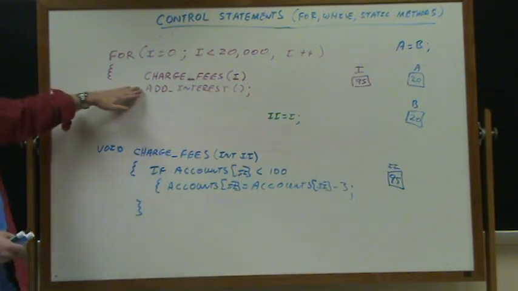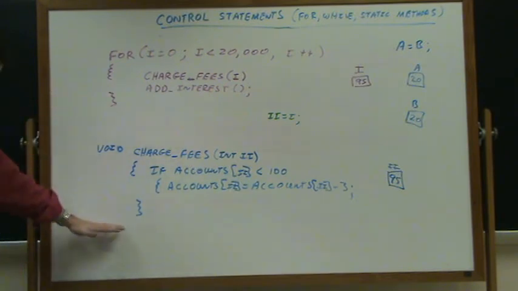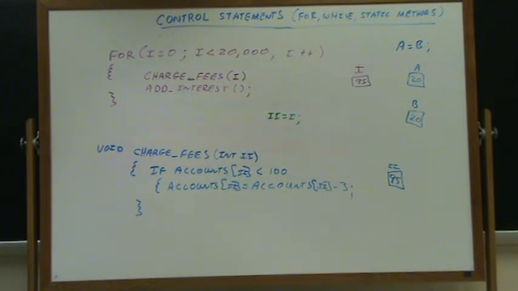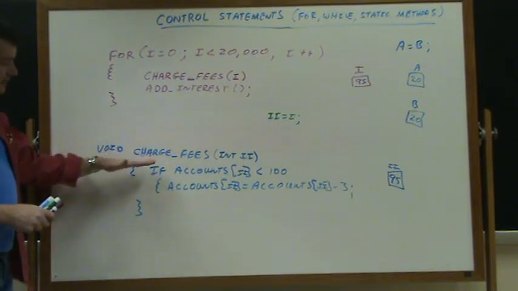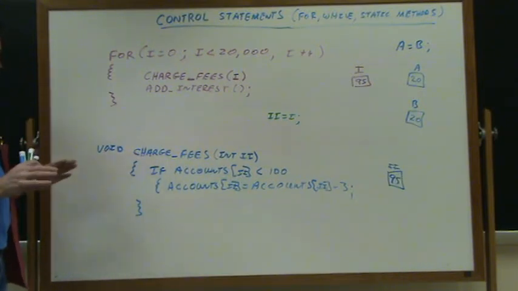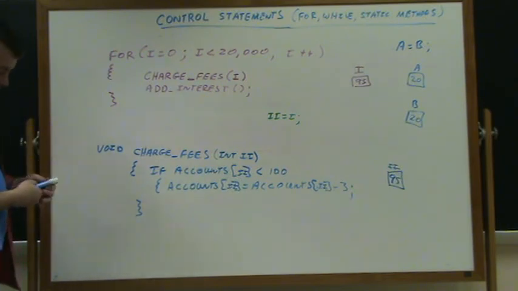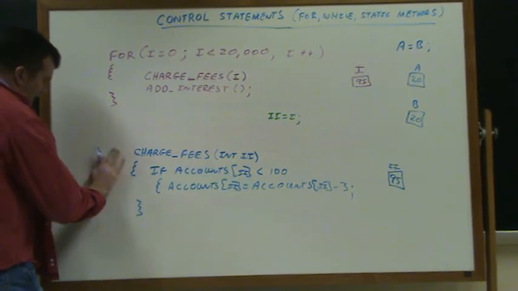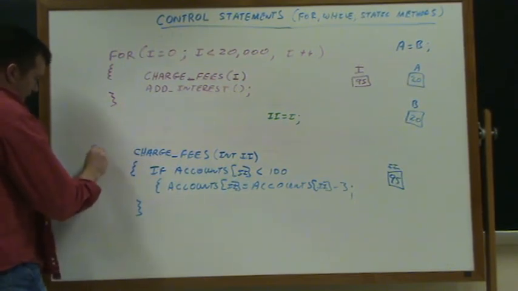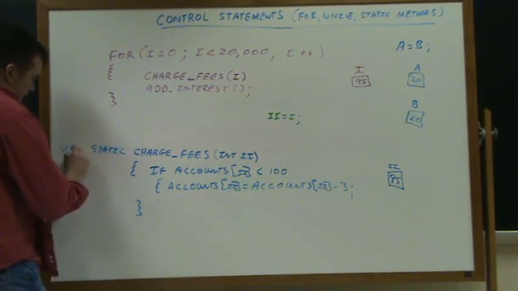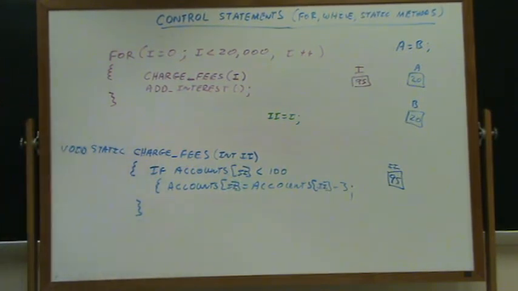And then we can make the same method for add interest. We could write a separate void method. And when we get more into classes later on in the course, there's a distinction between methods that belong to an entire class and methods that belong to each object. Methods that belong to a class end up having a distinction called static in front of them, and that would mean there's one for the class.